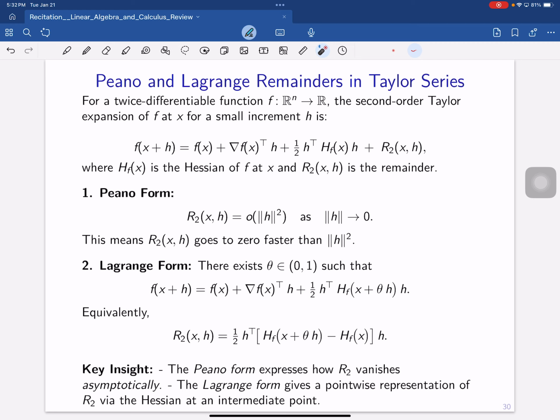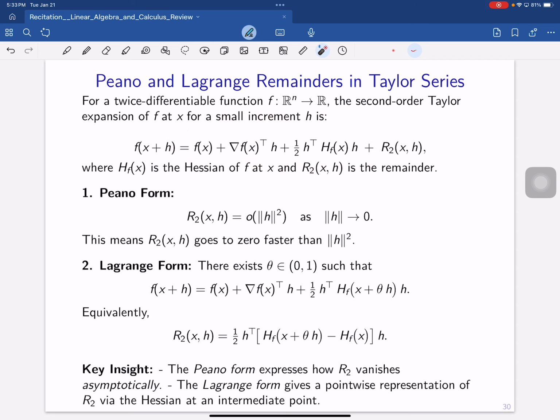And then another form that will be used in some of the proofs we are going to talk about is the Lagrange form, where you know that if you use the Hessian and the gradient here, it will be an approximation.